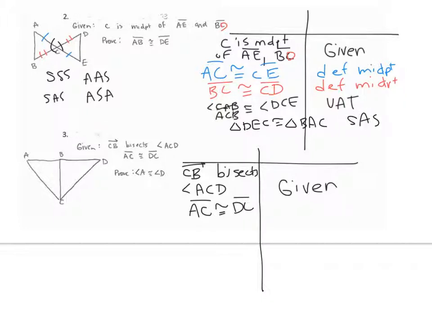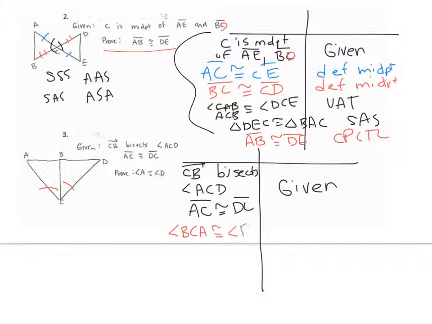So once I prove the triangles are congruent, I can now, as a last line, write that AB is congruent to DE by CPCTC. Now down here I also wrote the givens in, so now I'm going to mark them. If CB bisects angle ACD, it means that angle BCA is congruent to angle BCD by definition of angle bisector.